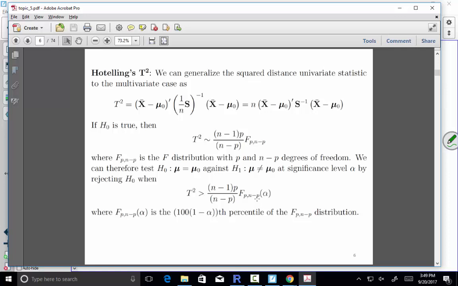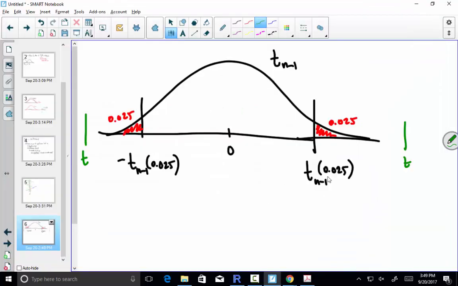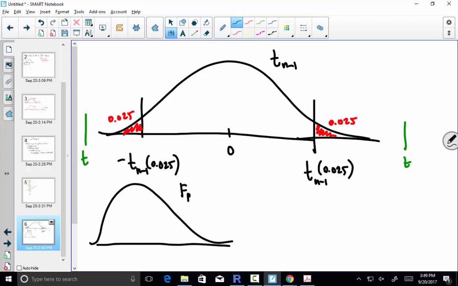When we have the parentheses alpha, what I mean is this: for the F distribution with p and n minus p degrees of freedom, F p, n minus p of alpha is the number that puts alpha to the right.